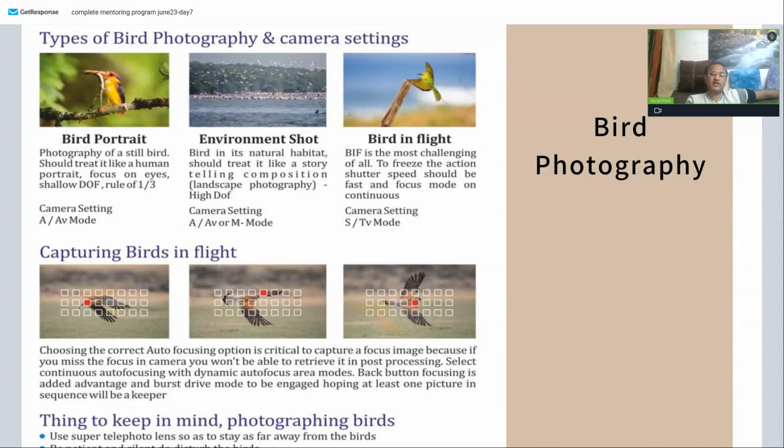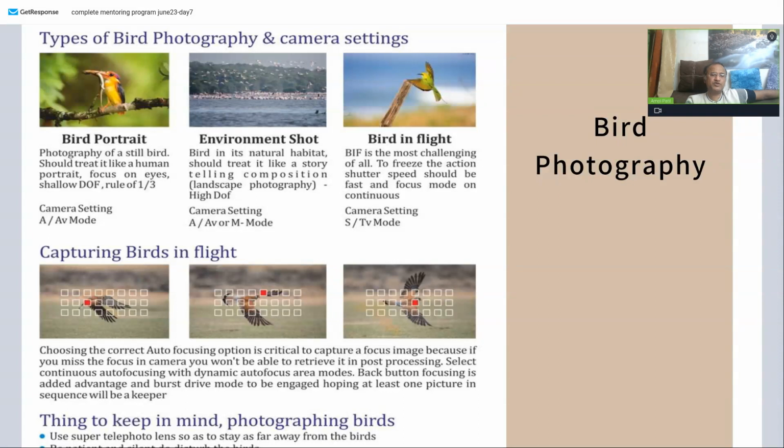Try and isolate the bird from the background so that the focus is on the bird and not on the distractions in the background. Because a bird in the wild you will find in a bush, on a tree with a lot of branches and things like that. So if you can defocus all those distractions, it is good for bird portraits.